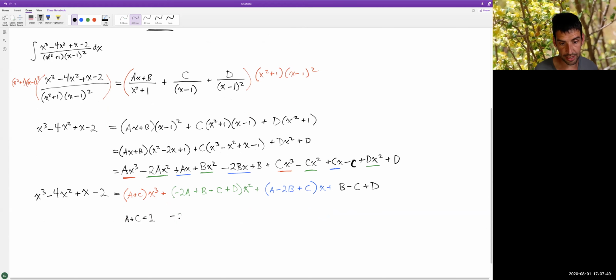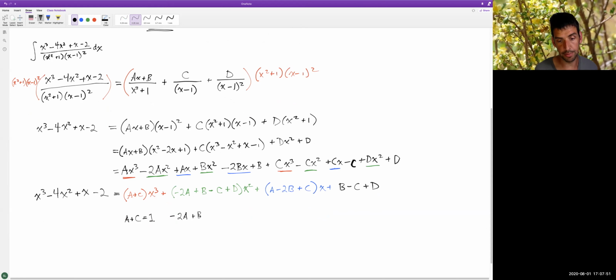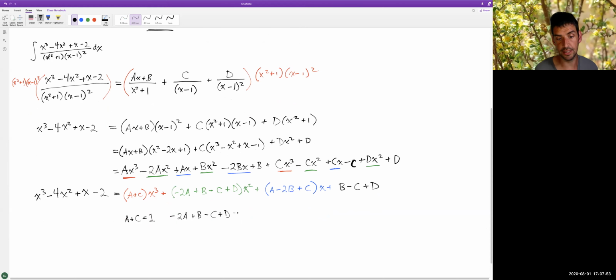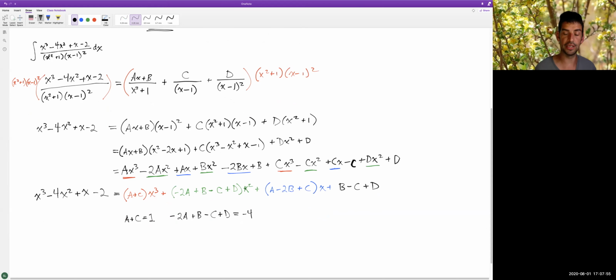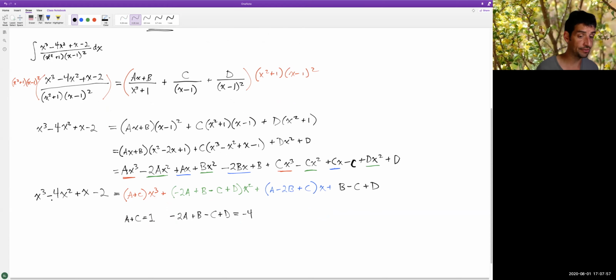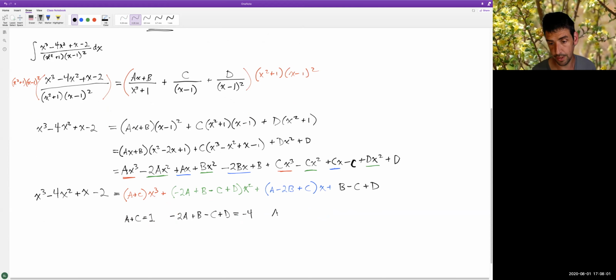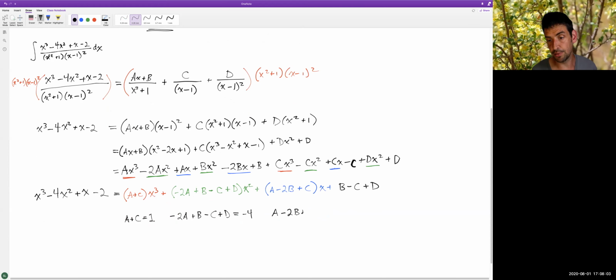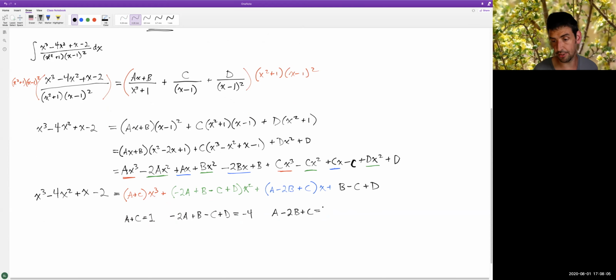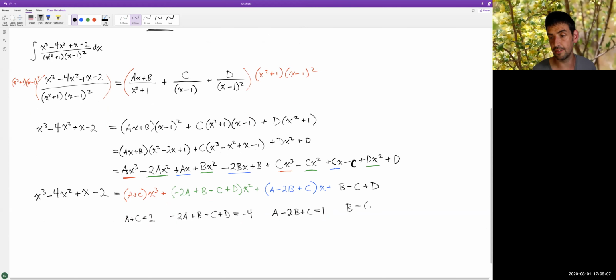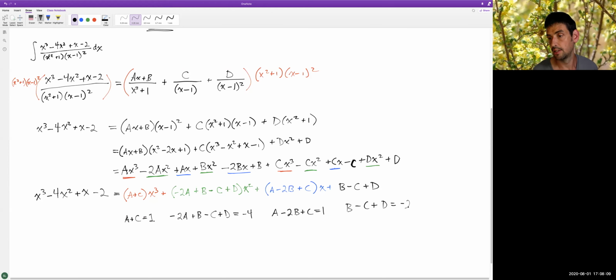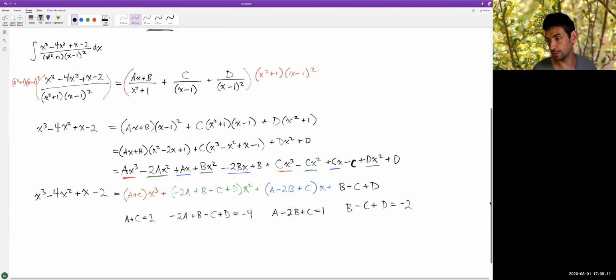We must have that negative 2a plus b minus c plus d is equal to negative 4, because the coefficient of x squared on the left is negative 4, so the coefficient on the right must be equal to negative 4. a minus 2b plus c, the coefficient of x, has to be equal to 1, and our constant, b minus c plus d, should equal negative 2.